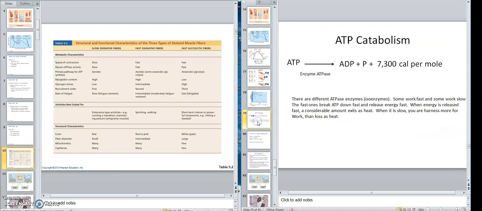Remember that means not good efficiency, breaking down ATP fast, but you want the contraction fast, so it's inconsequential as to how much goes away as heat. Primary pathway, anaerobic glycolysis. We talked about that. Myoglobin, low, because you're doing anaerobic, and so you would not have a lot of oxygen. Glycogen, a lot. This is also called white muscle.